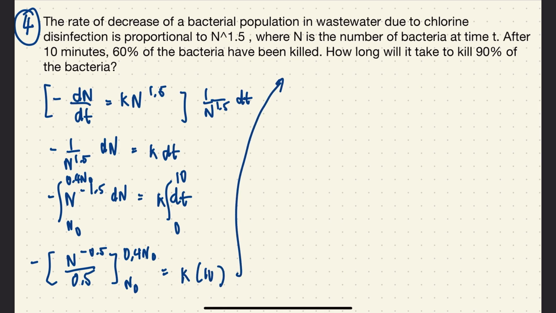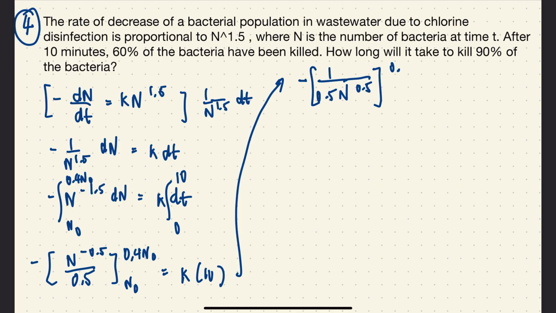Rearranging the equation, or just simply, this becomes 1 over 0.5 N raised to 0.5.